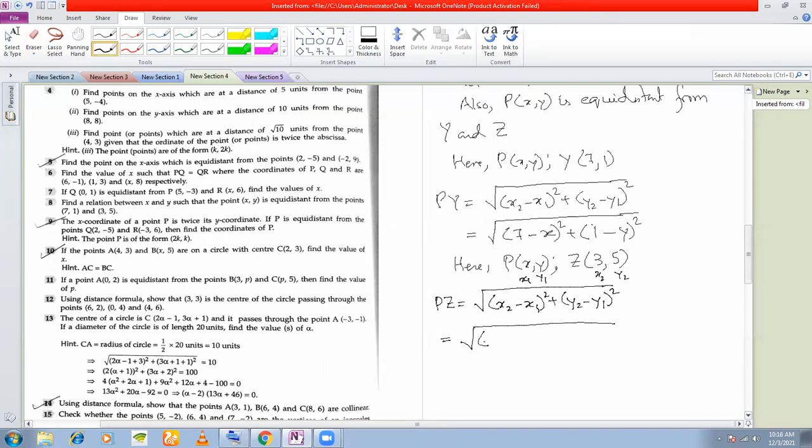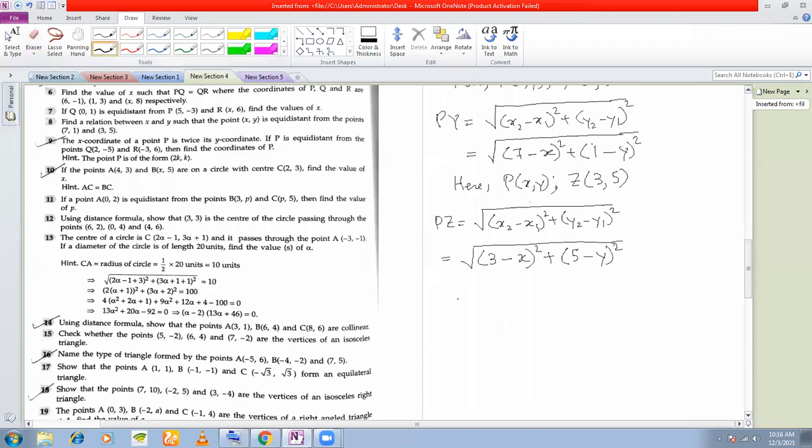So x2 is 3, x1 is x, y2 is 5, y1 is 5. Now, because we have written it here, we'll just erase this. Now what is the condition?